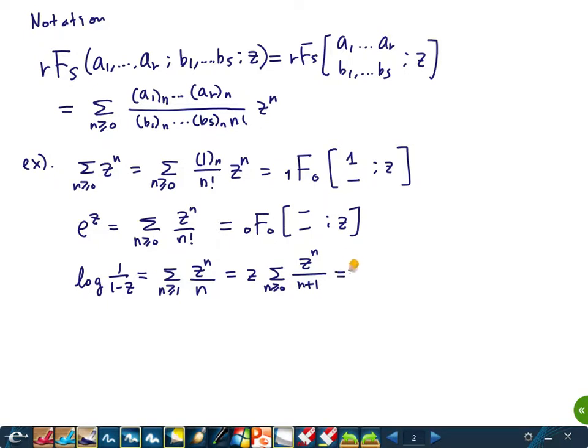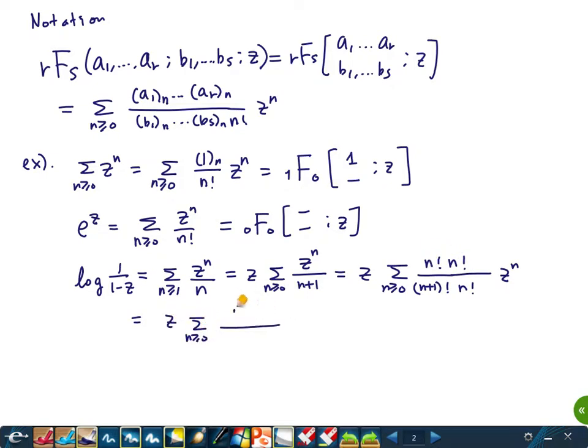So let's try to multiply here, because we need n factorial, n plus 1. Let's write n factorial twice, I mean n factorial squared. Then we get n plus 1 factorial, n factorial here, n factorial, and z to the n. Okay. Now these can be written that way.